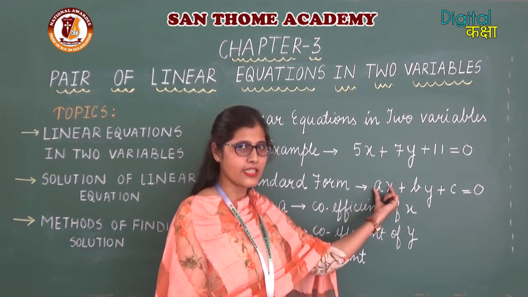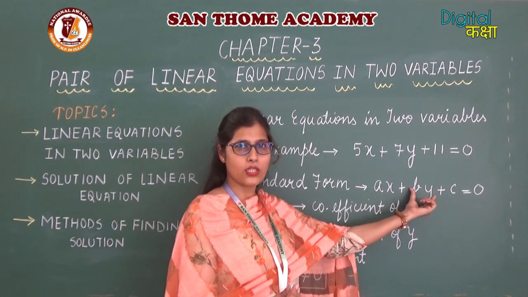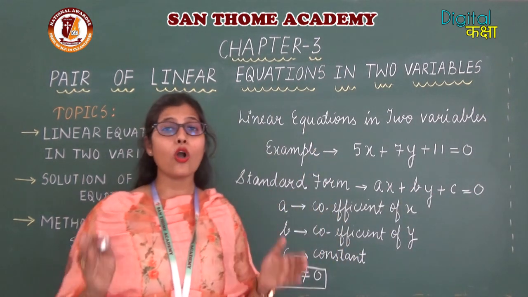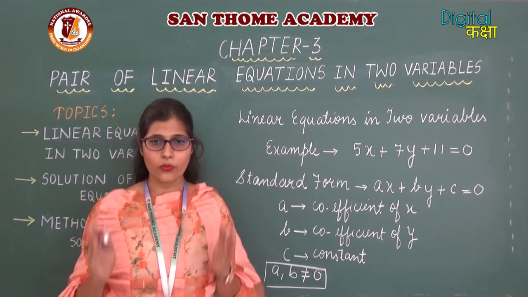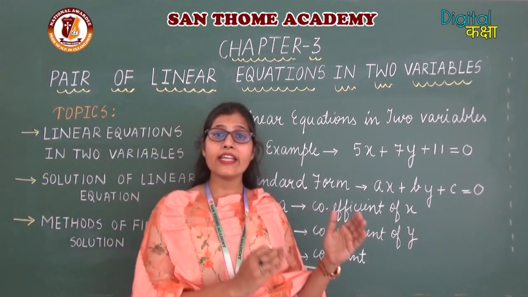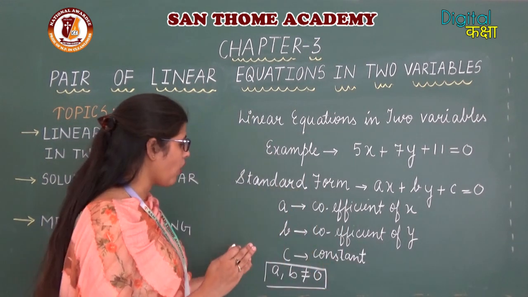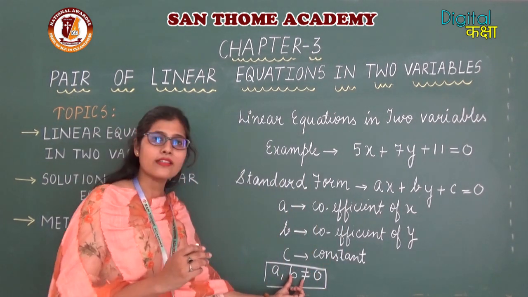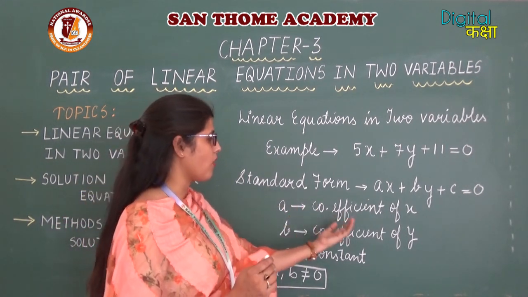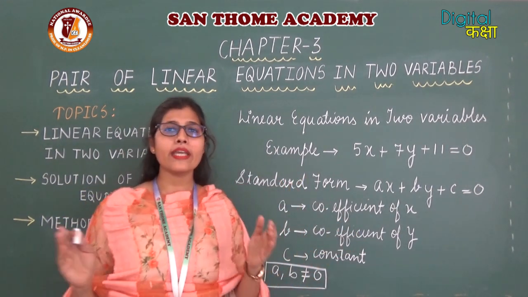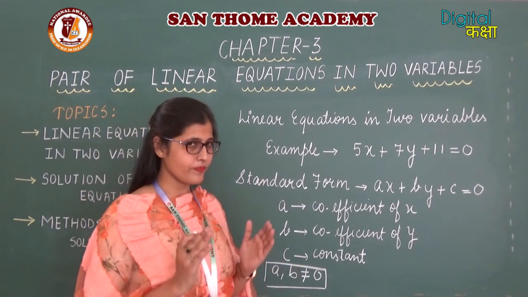Anything into 0 will be 0. This term will also be 0. So it will not be called a linear equation. So for an equation to be a linear equation, the values of a and b, that is the coefficient of x and the coefficient of y, should never be equal to 0.